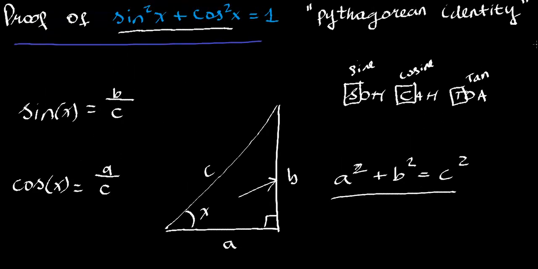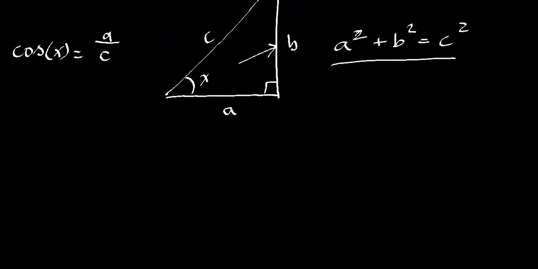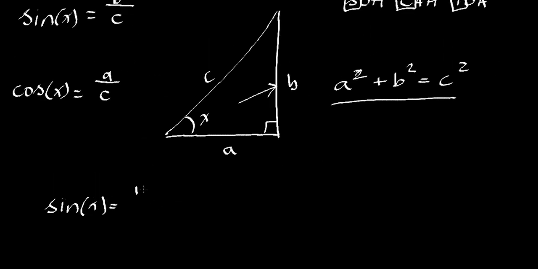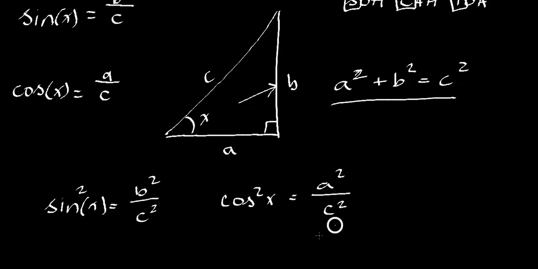Okay, so what I'm going to do is take each piece and square it, right? Because we're going to add them, but we need them to be squared first. So sine of x, if I square that, I get b squared over c squared. I just squared each piece right there. And cosine squared of x is going to be a squared over c squared, correct?